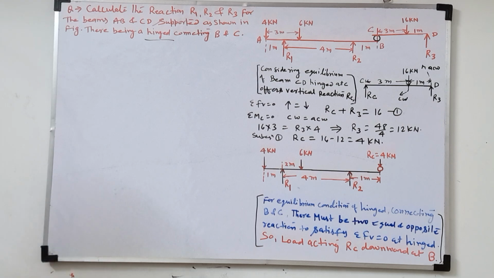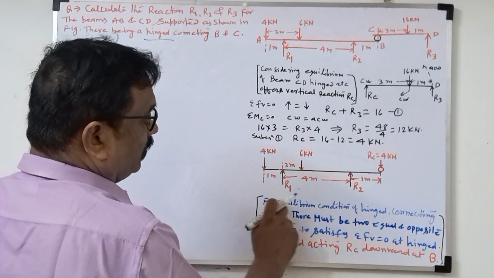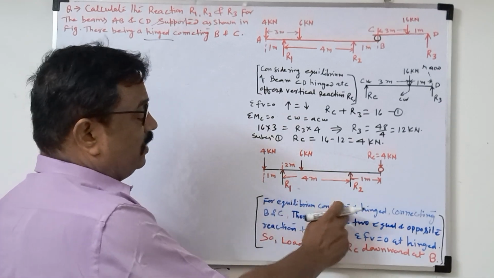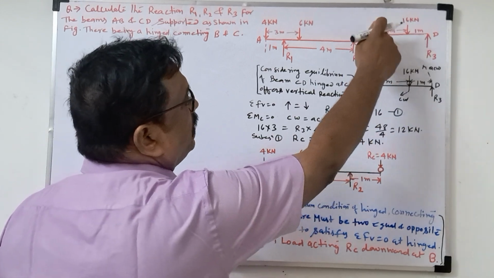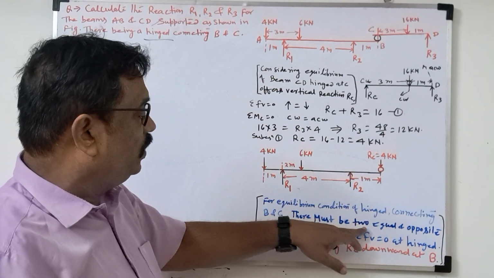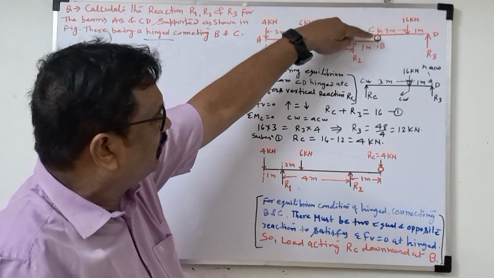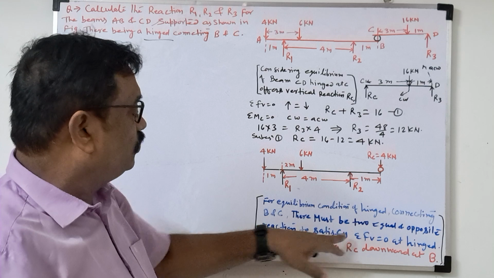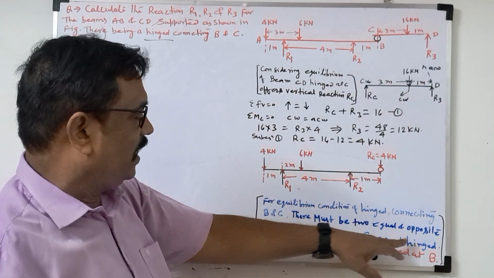So now what do we have to do here? The other beam is already drawn. I wrote here that for the equilibrium conditions of the hinge connecting B and C, there must be two equal and opposite reactions. Because this is a hinge, there are equal and opposite reactions to satisfy the total vertical force equal to 0, sigma F equal to 0 at the hinge.